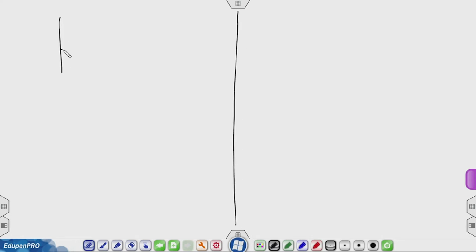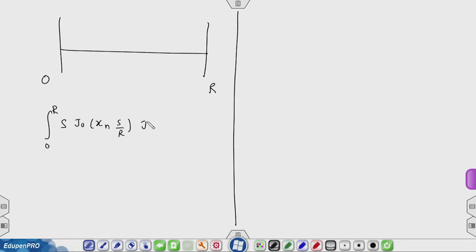So, we are considering the integral between 0 and R, the integral from 0 to R of s J0(xn s/R) J0(xm s/R) ds. Let me write this in a slightly different manner, as the integral from 0 to R of root s J0(xn s/R) times J0(xm s/R) multiplied also by root s.